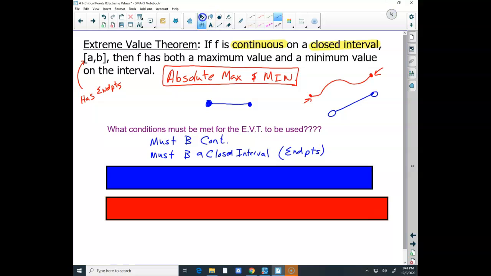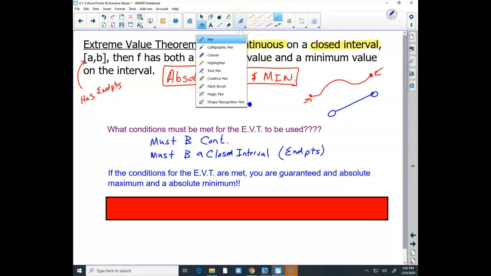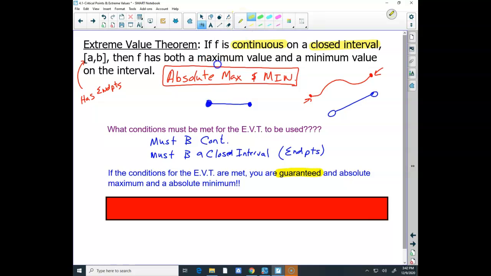And bottom line, if the conditions for the extreme value theorem are met, the extreme value theorem guarantees you an absolute maximum and an absolute minimum. If a function is continuous on a closed interval, you are guaranteed to have an absolute max and an absolute min.